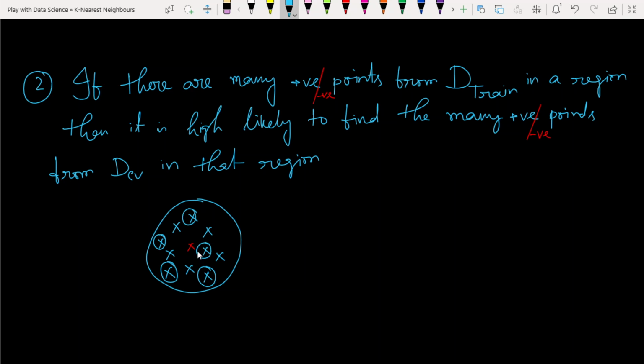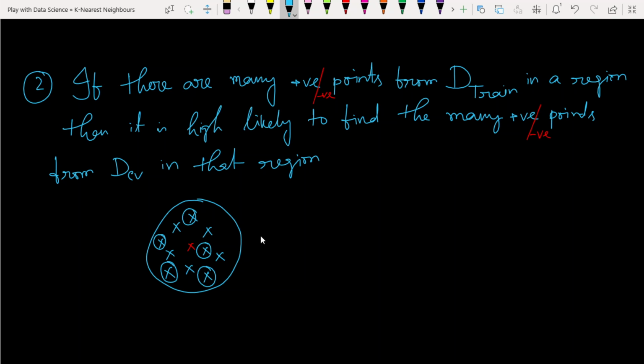If we find the probability of positive points in the particular region from the training data set, then the same probability will hold for positive data points from the cross validation data.